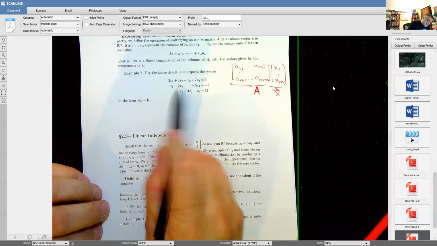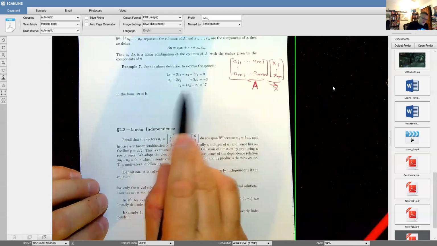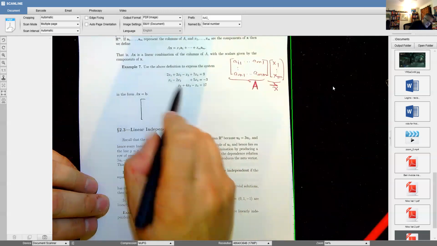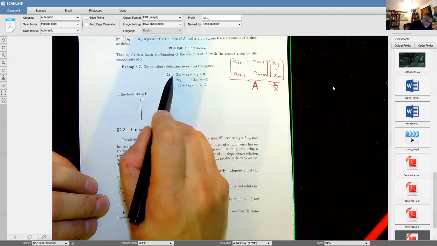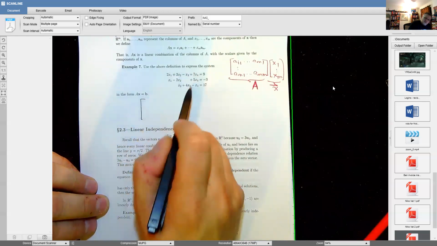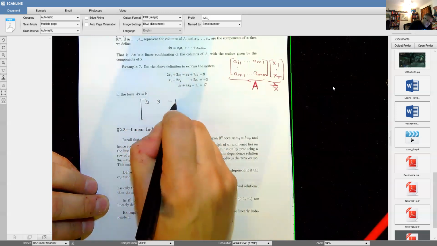Okay, so let's do that here. What does that mean in terms of writing this as a matrix equation? All I'm going to do is strip off the coefficients, right? Remember, x1 through x4 are all in the same order and they're lined up, so don't forget the zero entries. Those are important. So the A is just the coefficient matrix.